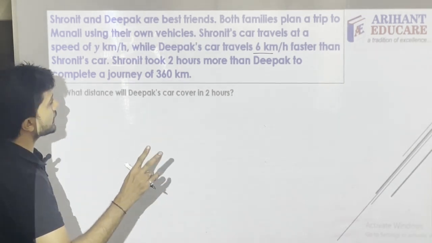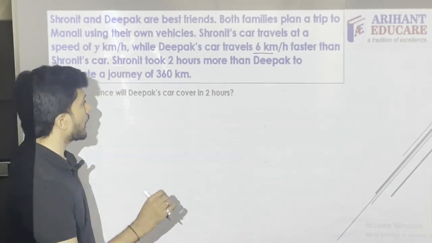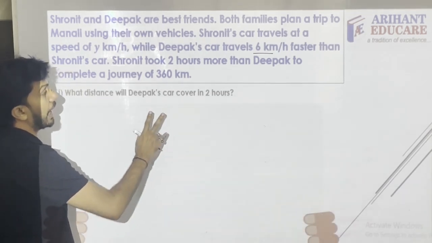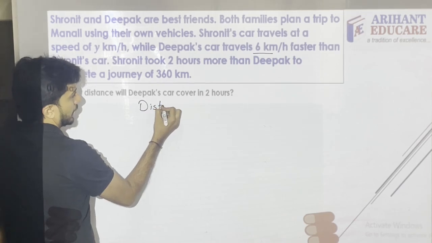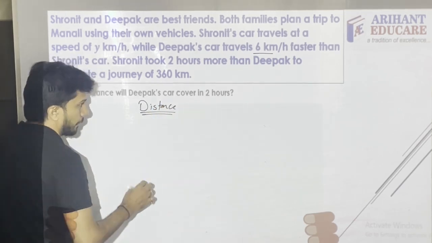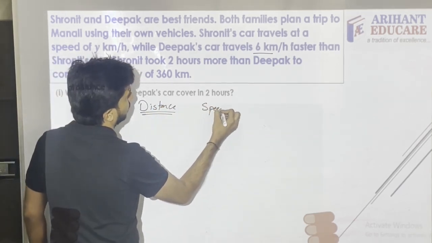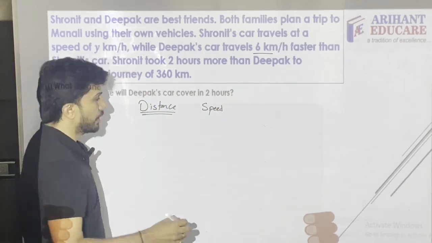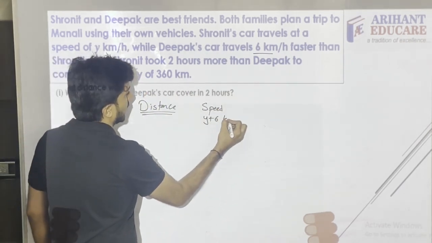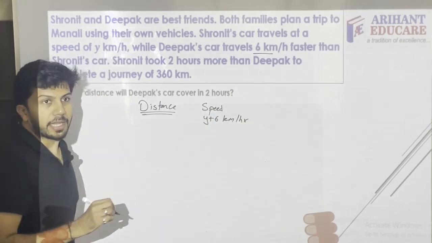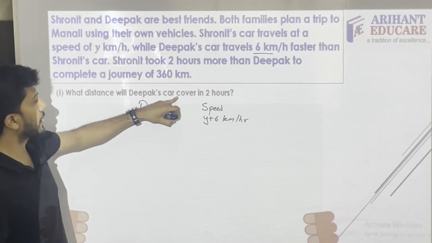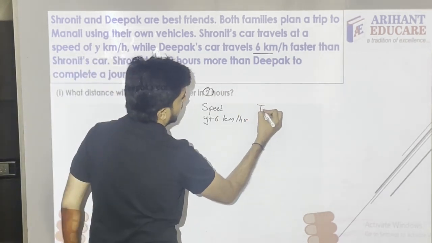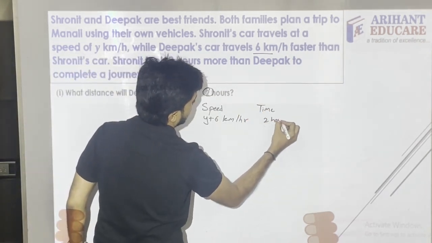What distance will Deepak's car cover in 2 hours? Okay, so how much will his car travel in 2 hours? Let's understand. We are supposed to calculate the distance his car will be traveling. Speed. They have commented something on the speed. Deepak's speed was y plus 6 km per hour. Achha, how much time have they said? So the time they have said is 2 hours.